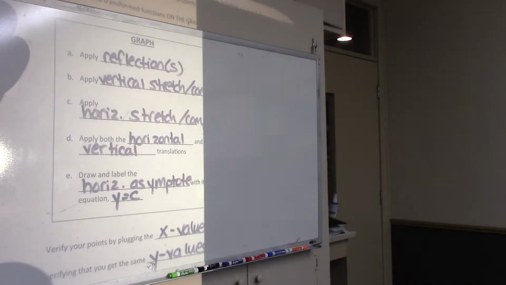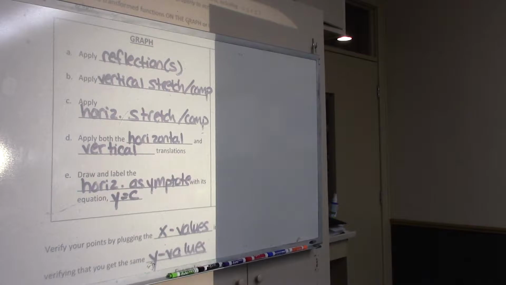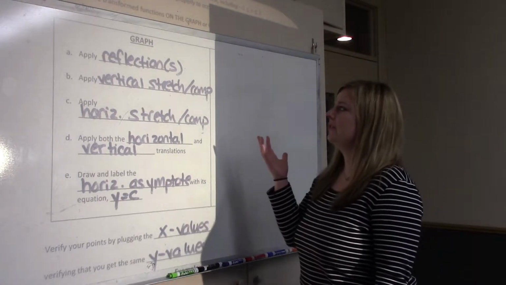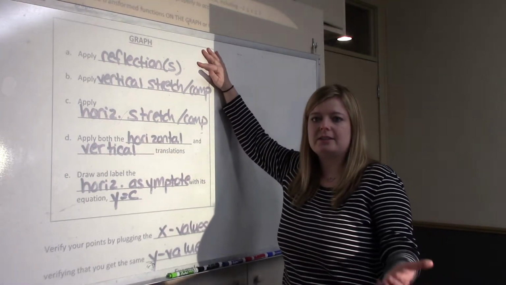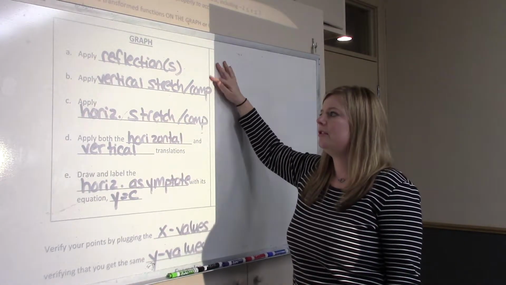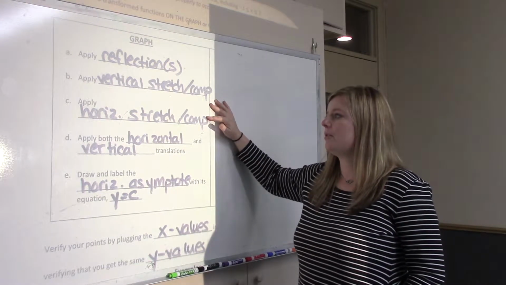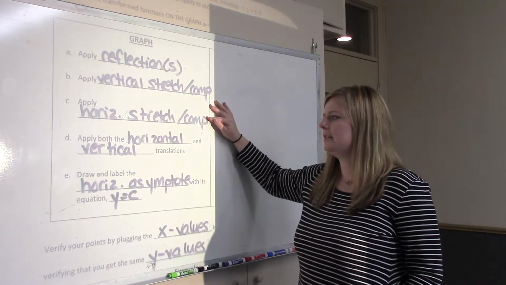We'll go through the graphing option first, okay? So if you're going to do it as a graph, first of all, you apply any reflections, so either up and down or left and right. Then you apply any vertical stretches or compressions, then any horizontal stretches or compressions.